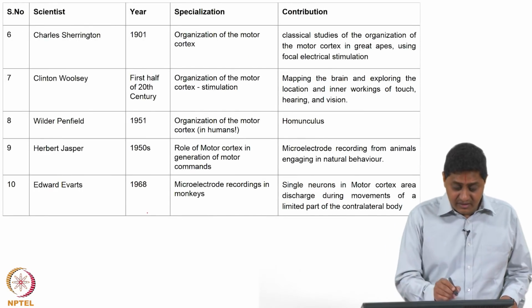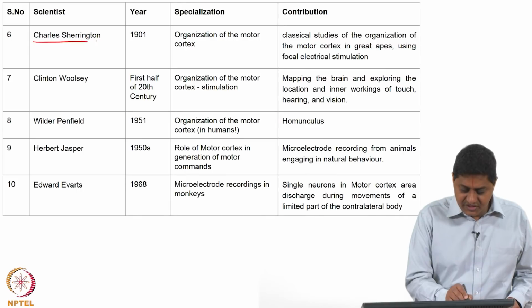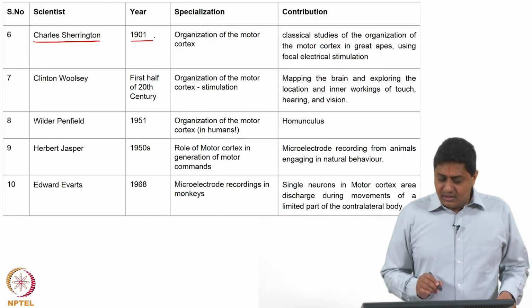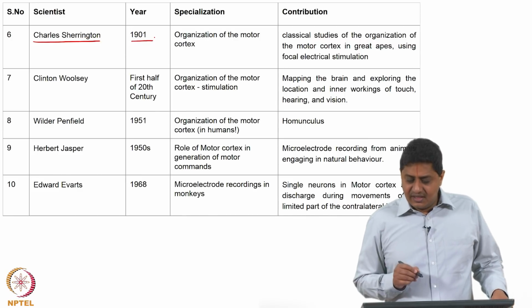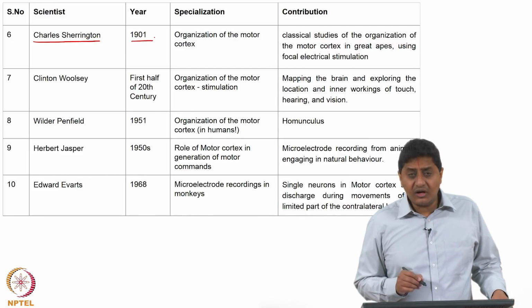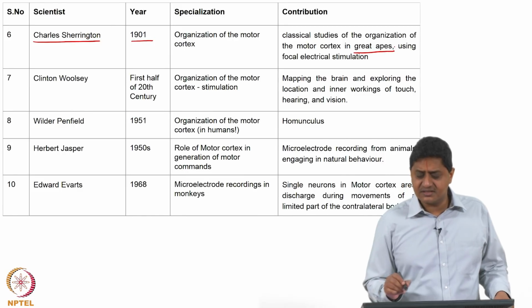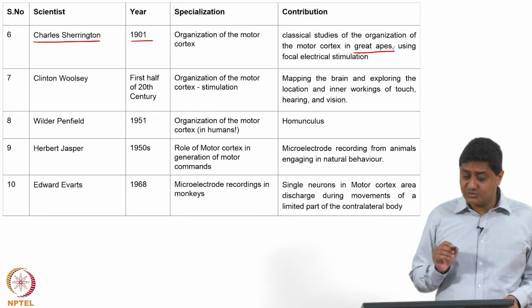And in the meanwhile Sherrington, using his own classical approaches, came up with this idea of how the motor cortex in great apes is organized, using electrical stimulation, right.